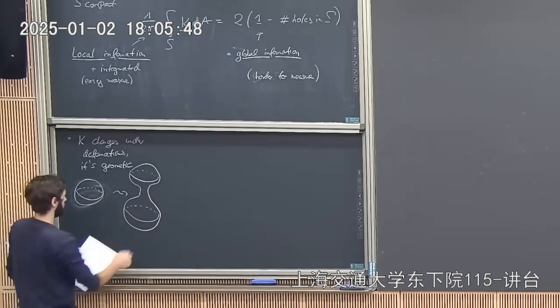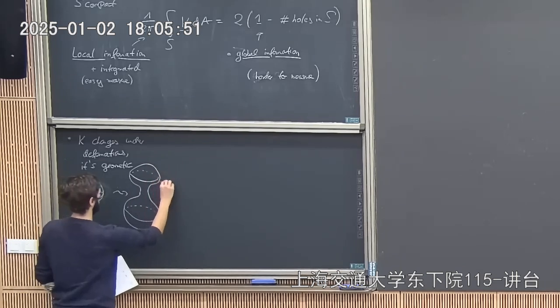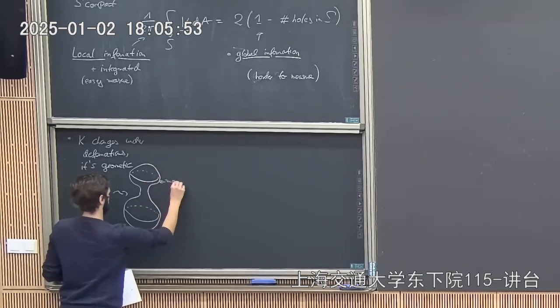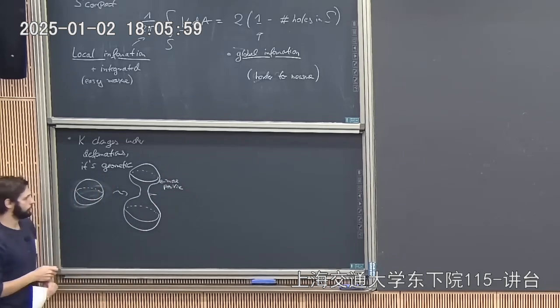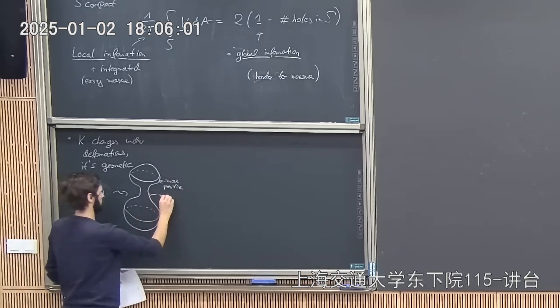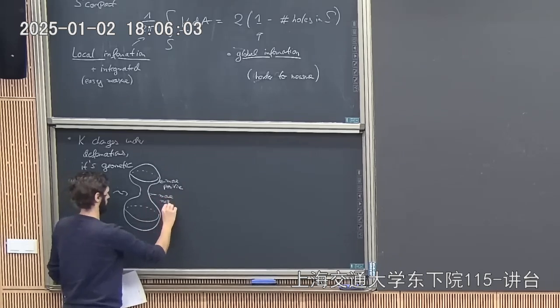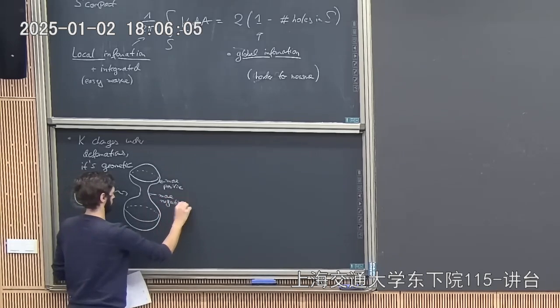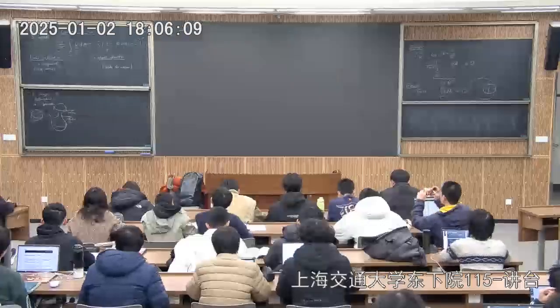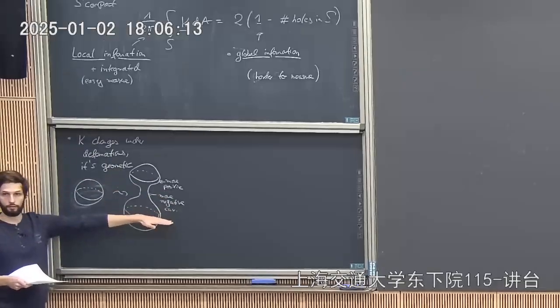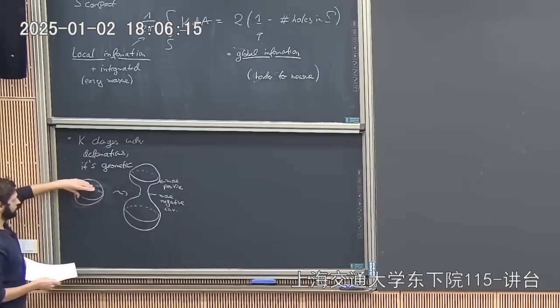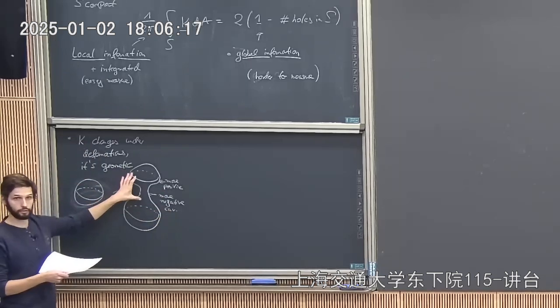So, for example, here you produced more positive curvature, but on the other hand, you also produced more negative curvature here. And then, for some reason, the theorem says these two contributions cancel out immediately, because under such a deformation, I don't create any holes.